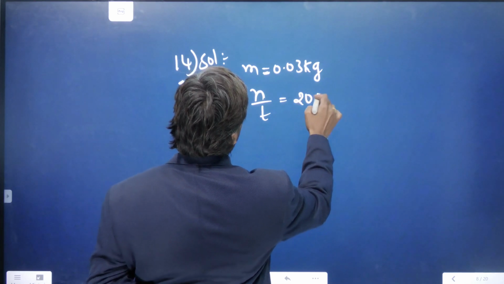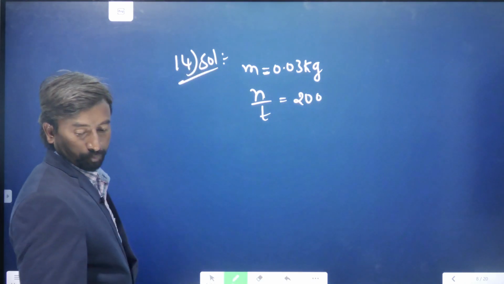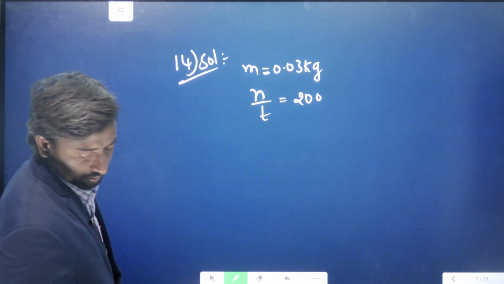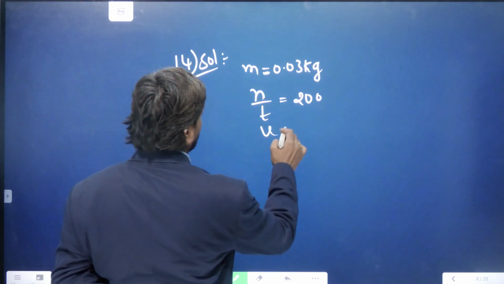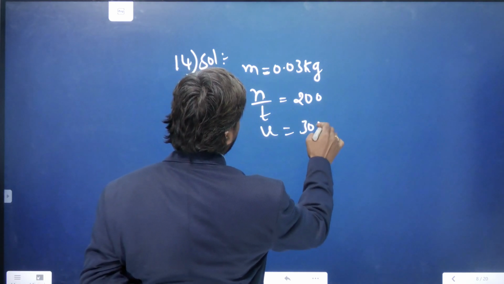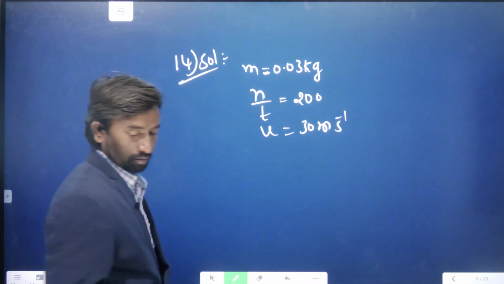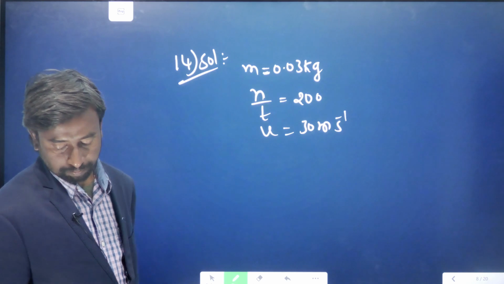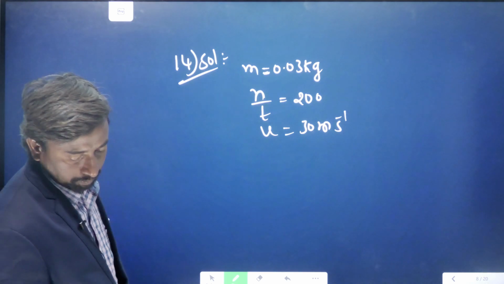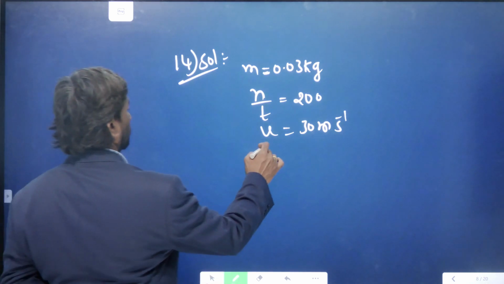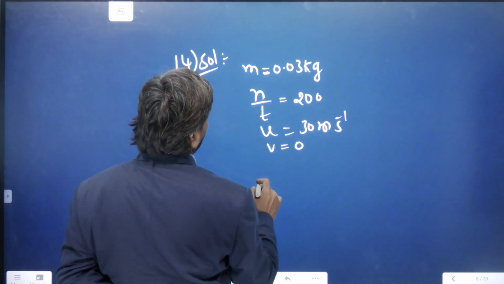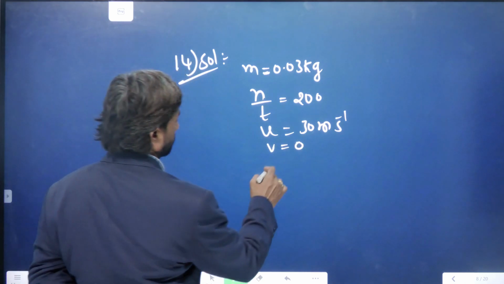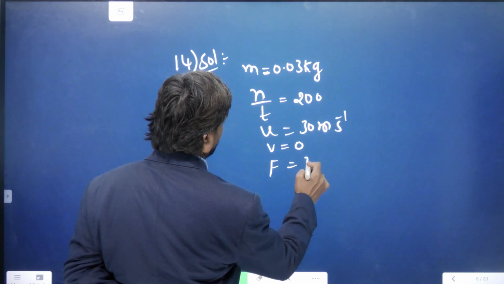They are moving with velocity u equal to 30 meter per second and returned with zero velocity. The average force acting on the plate is asked. So the final velocity will become 0, and they are asking what F is equal to.